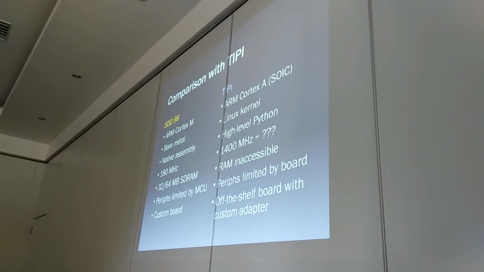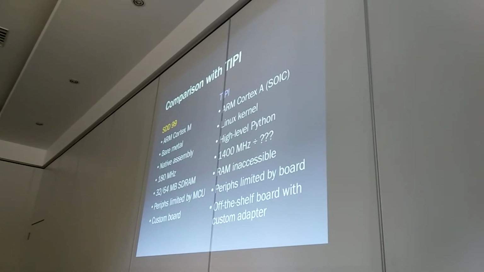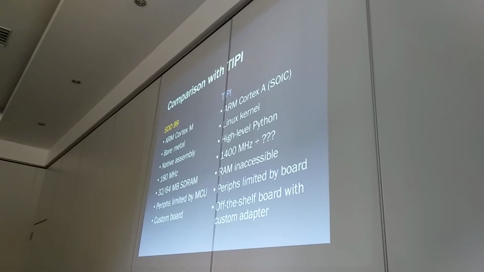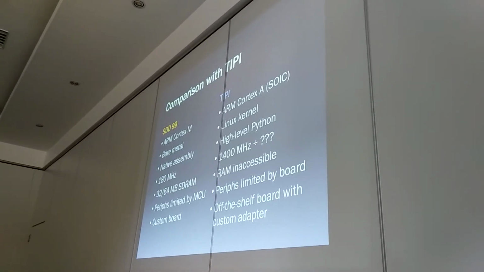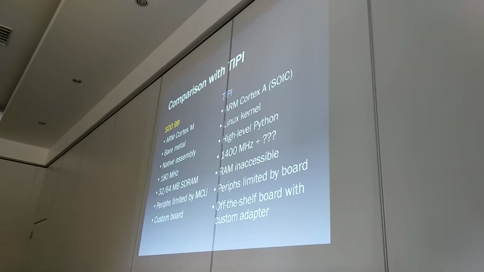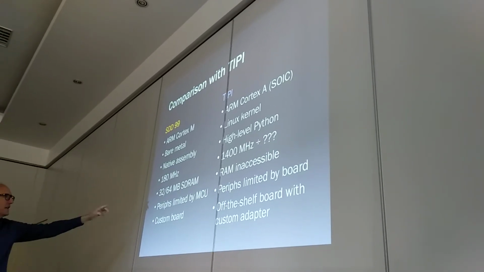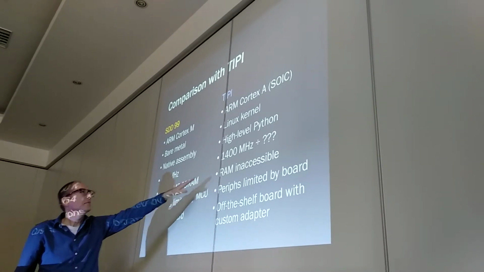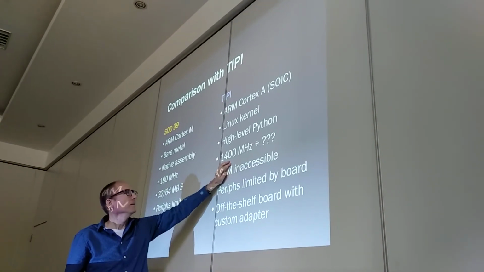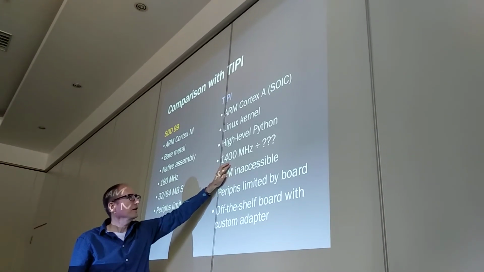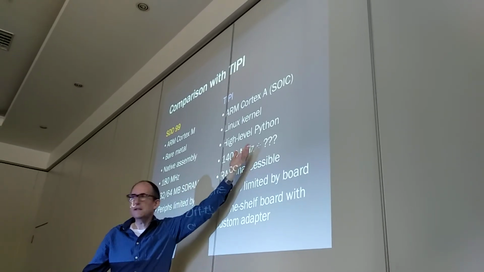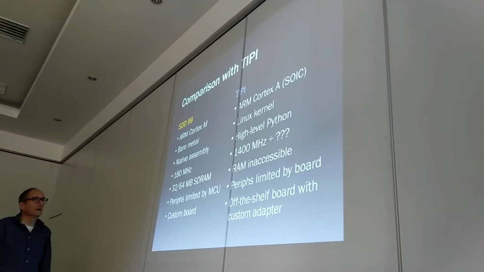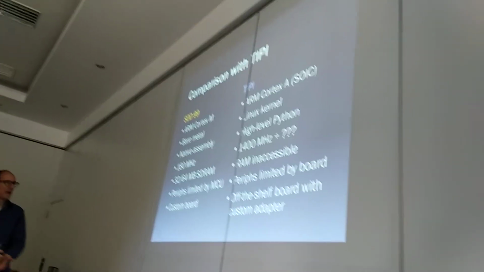That means, even though the controller is much faster, their execution is much slower, because they have several layers on top of each other. I have 180 megahertz, they have a much higher frequency, but it has to be divided by a factor I don't know. So it's hard to compare.